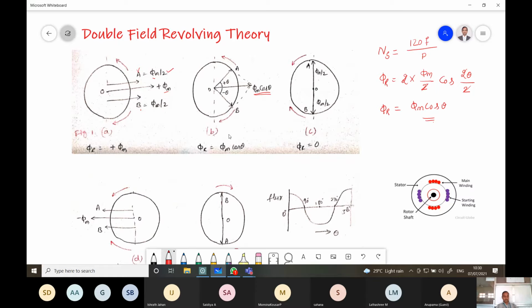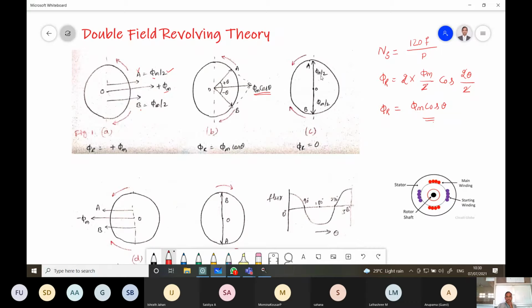Now after a quarter cycle, consider this cycle, 0 degree, this is 90 degree, 180 degree, 270 or 360 like that. Because the sinusoidal waveform is there, in the next quarter cycle both A vector and B vector are equal in magnitude and opposite in direction.